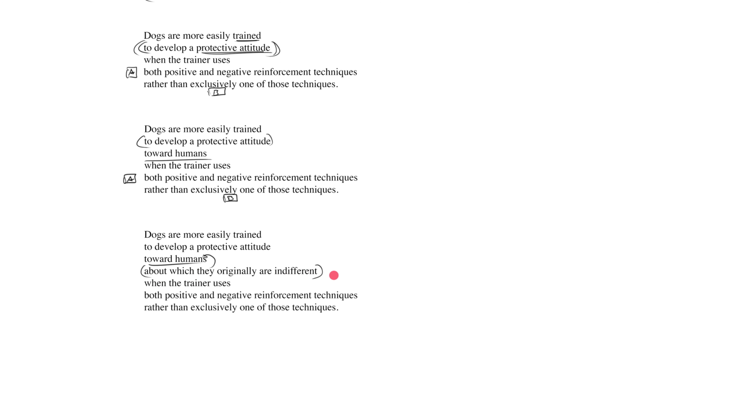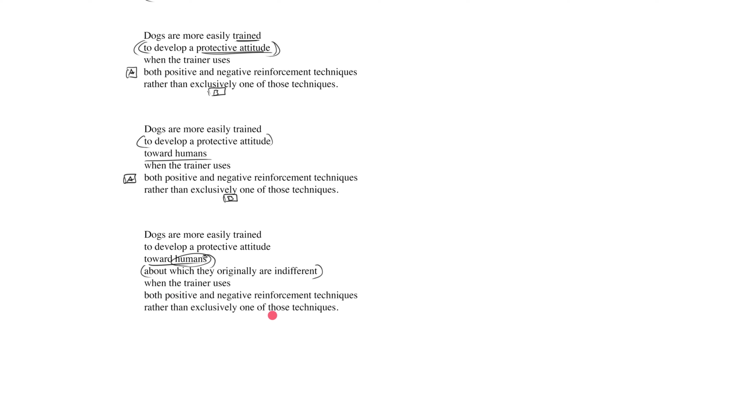It's specific humans: humans about which those dogs originally were indifferent. It's like the humans that the dogs weren't already protective towards, like, I couldn't care less if you lived or died. It's those humans that we're getting the dogs to change their attitude towards. We're getting them to say, well, okay, now I actually care, I want to protect you. So this clause modifies the kinds of humans that we're talking about.